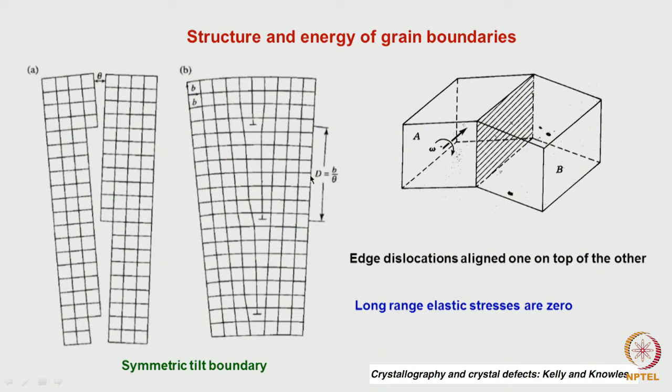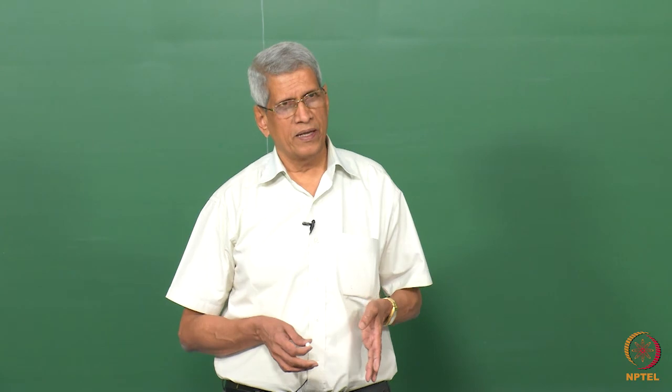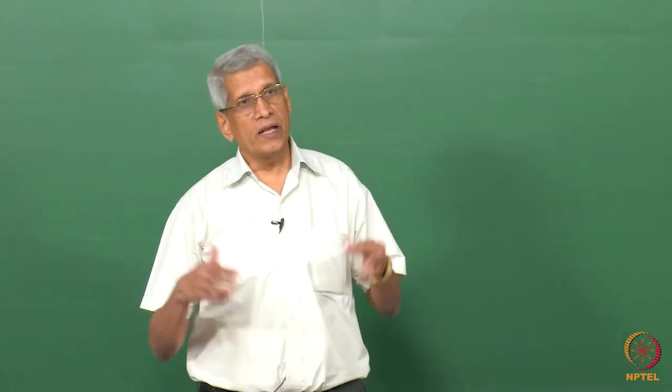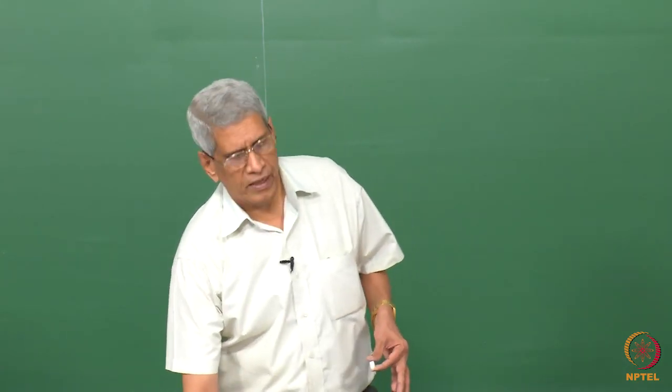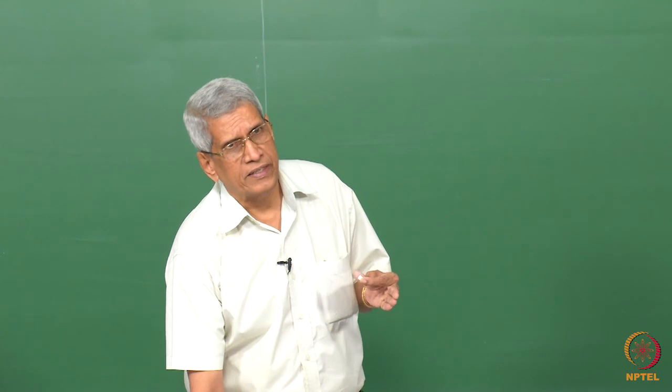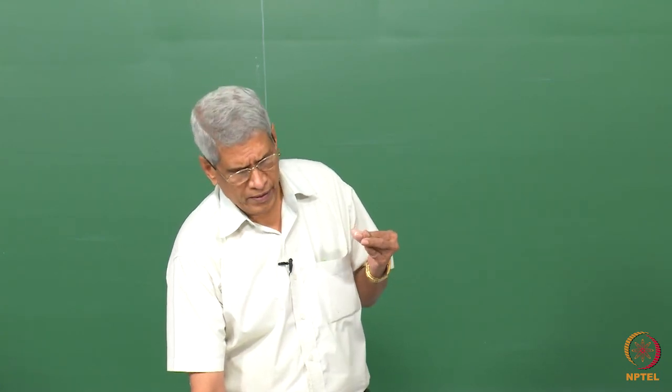That means that if the angle of tilt becomes large, the separation between the dislocations has to decrease. That is, the higher the dislocation density in the plane, and only one type of dislocation is required, the angle increases.